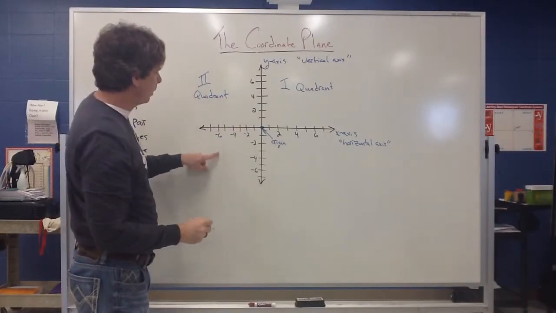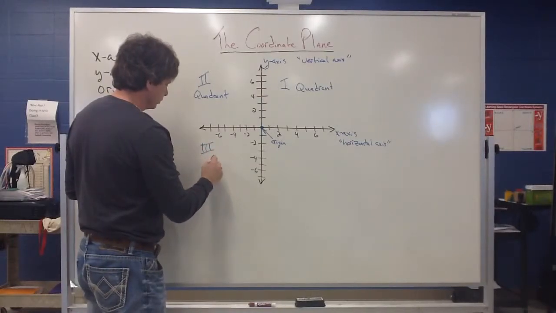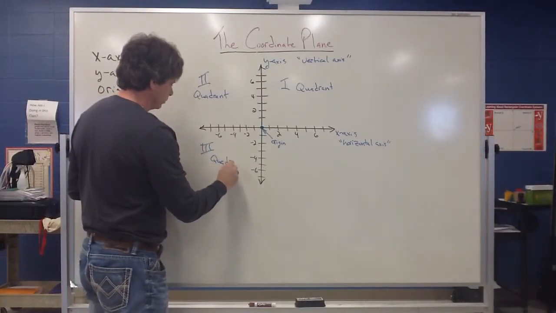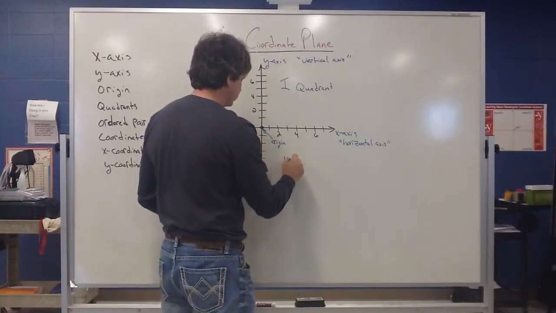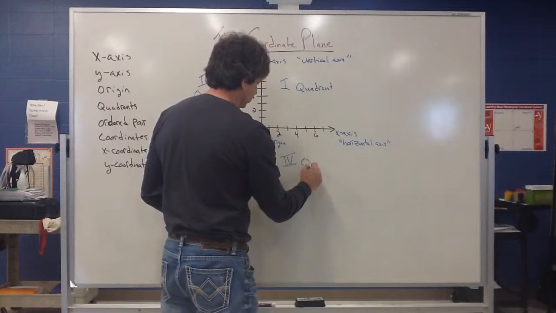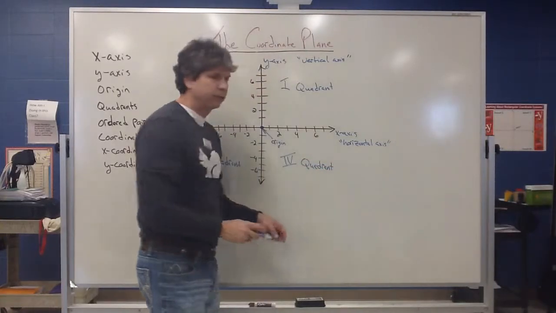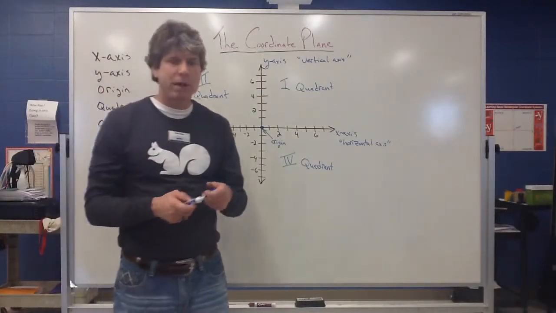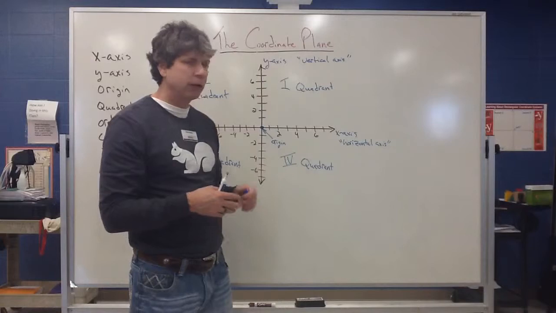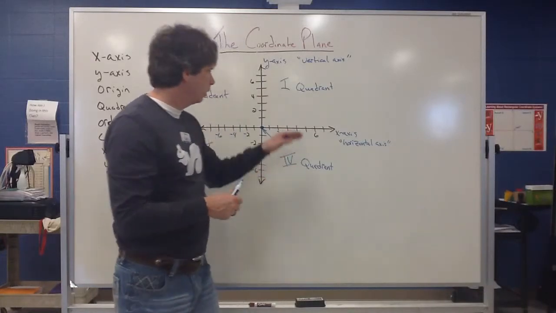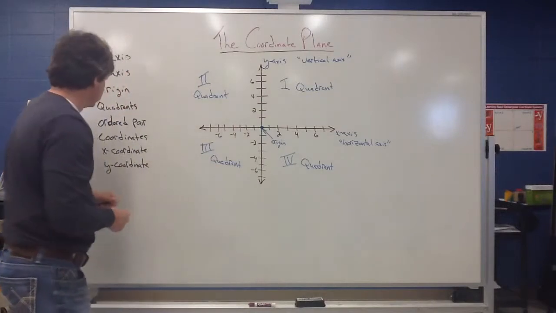Then down here in this spot, we call this the third quadrant. And then over here we have what's referred to as the fourth quadrant. That prefix quad implies four. You may have heard of quadruplets. So we have these four regions which we refer to as quadrants.